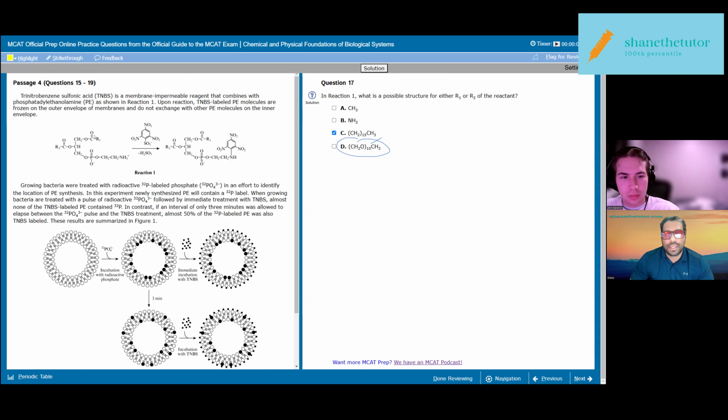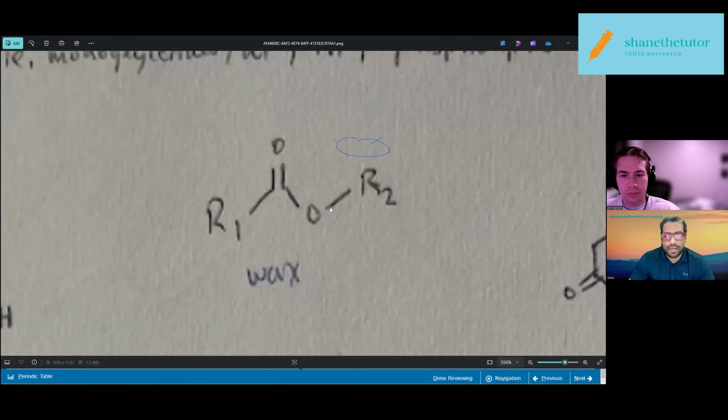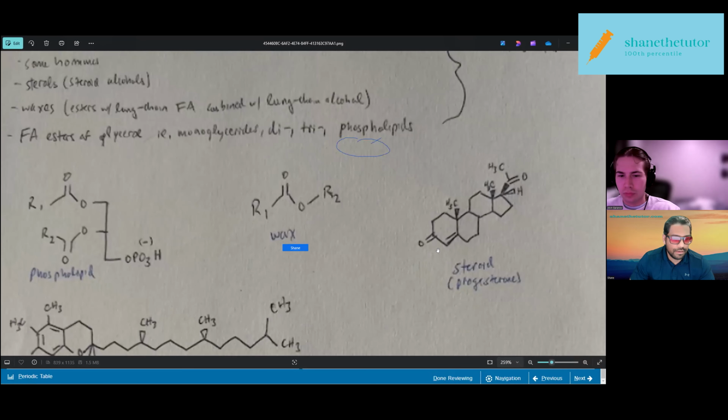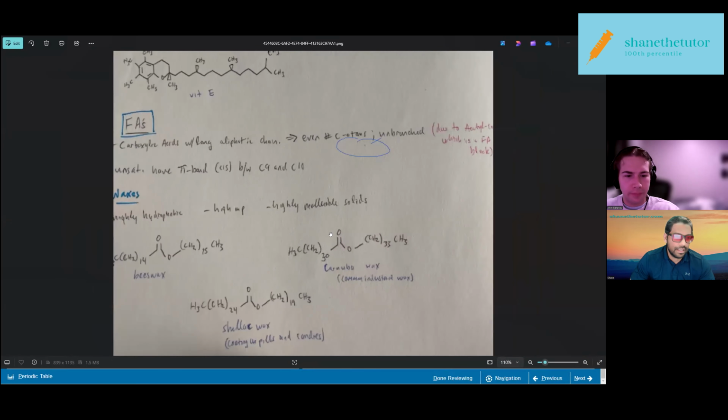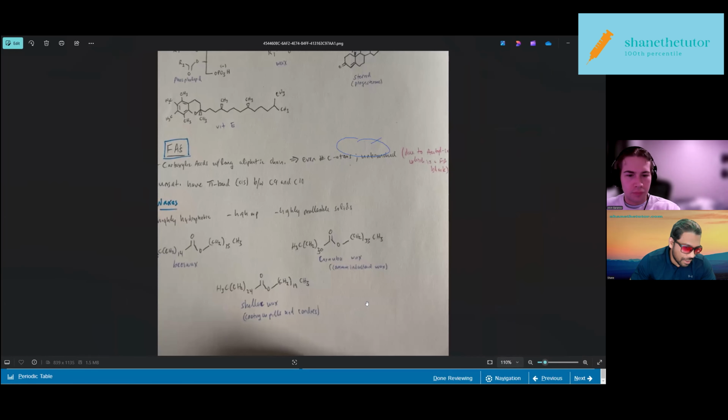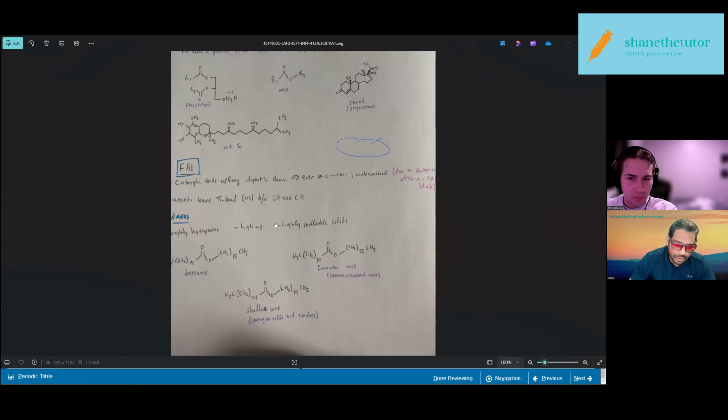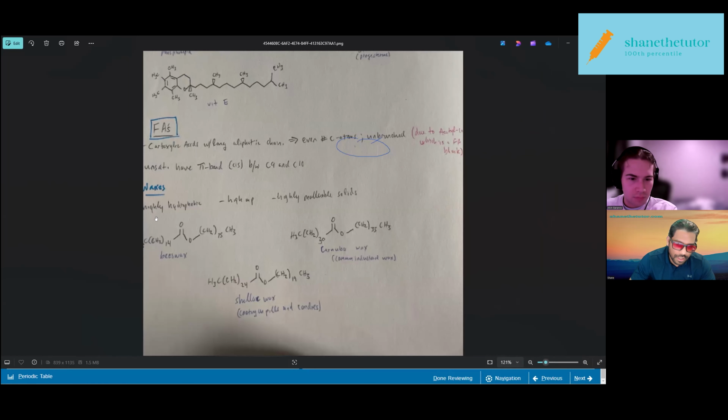I see. So yeah, you can scroll down a bit. Okay, so waxes, I wrote, highly hydrophobic, high melting point, highly malleable solids.